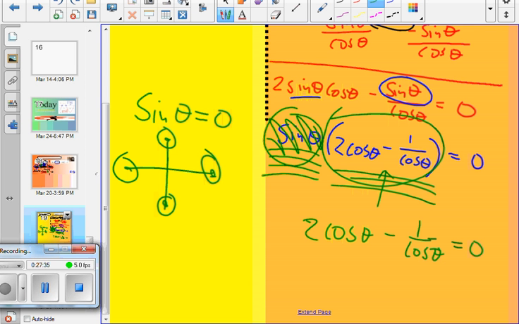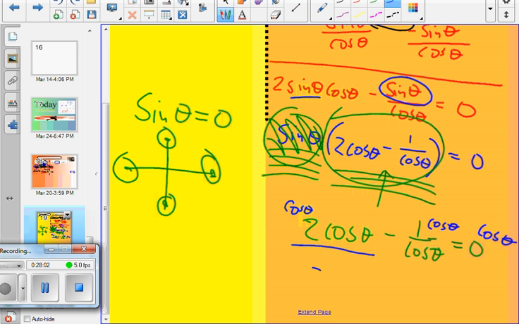Multiply by what? Cosine. I multiply everything by cosine. This will become cosine squared, hint, hint, factorable. And this will become cosine cancels cosine, and that just becomes a 1. And this, what's cosine times 0? 0.